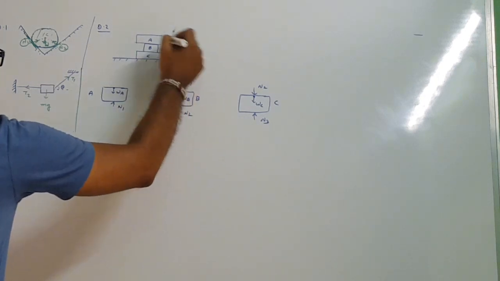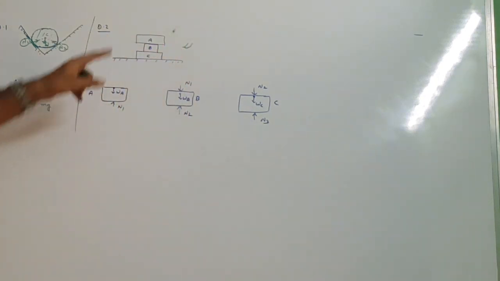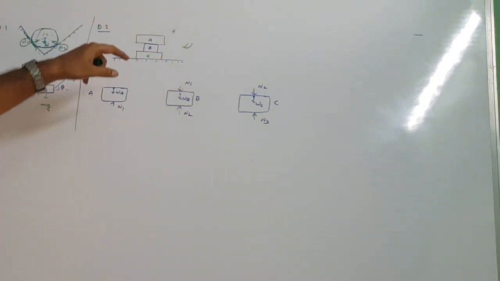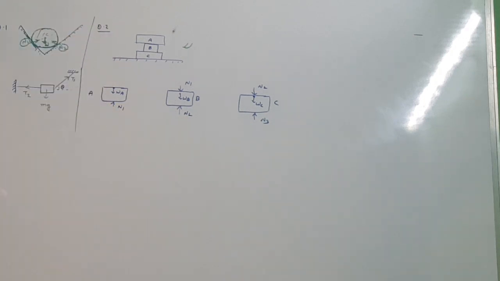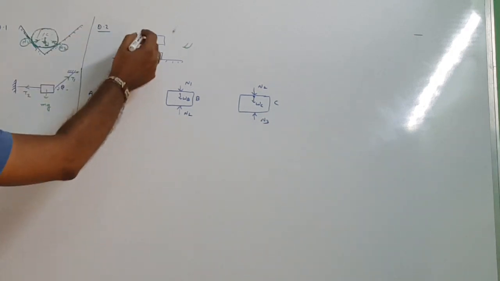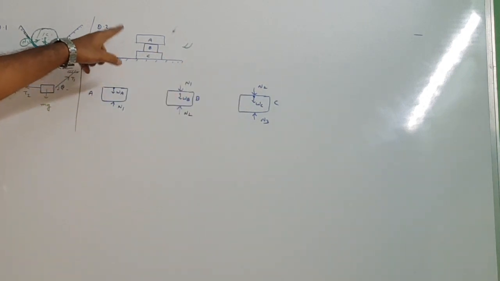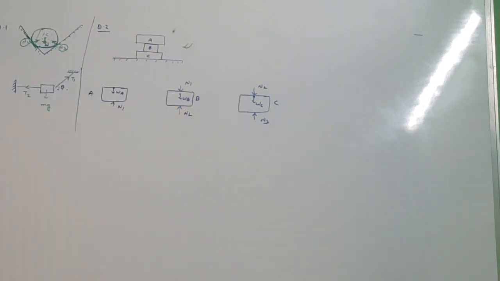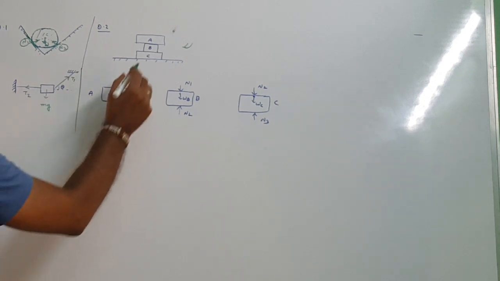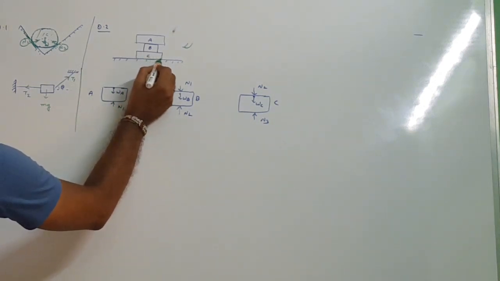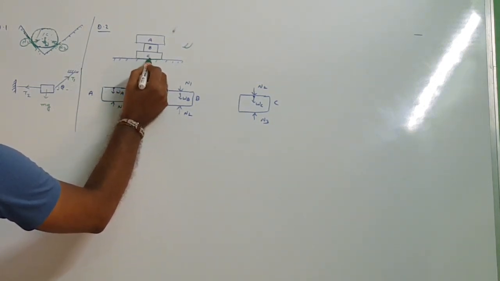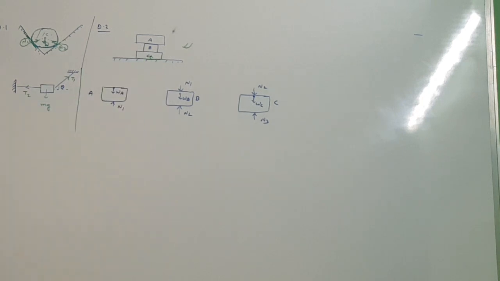So let us see this arrangement A, B, C. There are three blocks, one above another. So we have separated the three blocks A, B, C separately. Now let us see this object. This surface will create a normal reaction force, and we know that normal reaction force is towards the object, right?